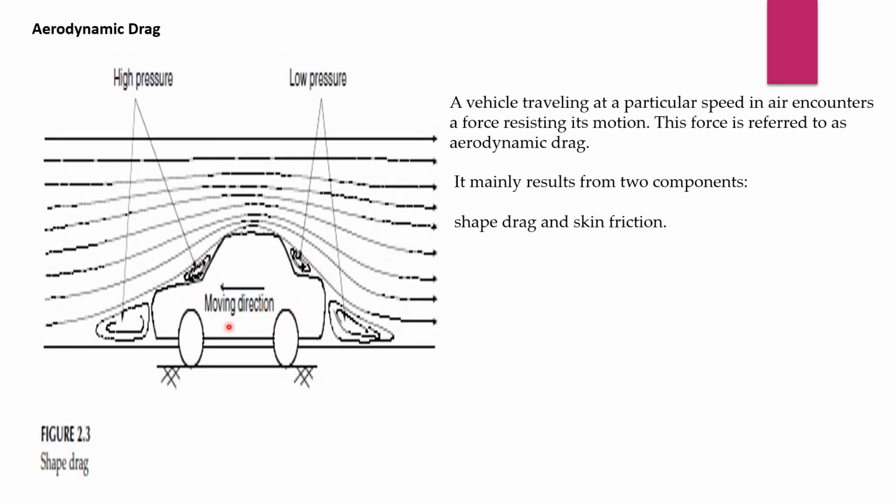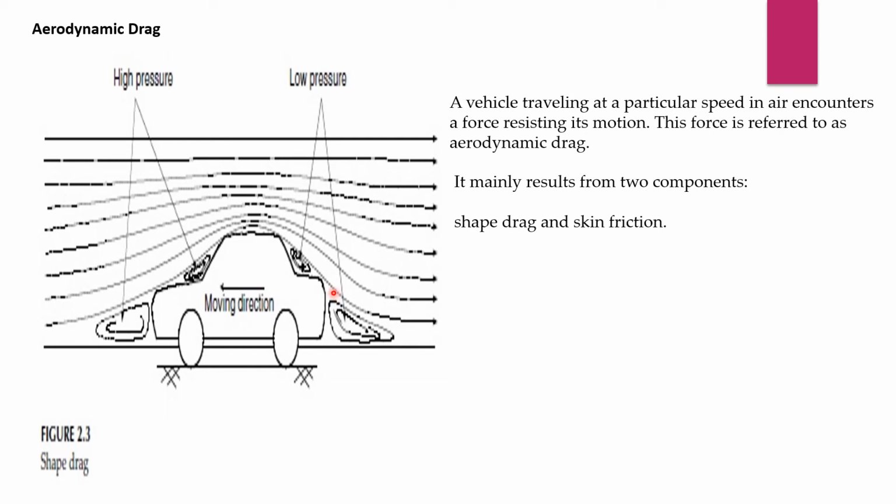The forward motion of the vehicle pushes the air in front of it. However, the air cannot instantaneously move out of the way of the vehicle and its pressure is thus increased, as shown over here. In addition, air behind the vehicle cannot instantaneously fill the space left by the forward motion of the vehicle.